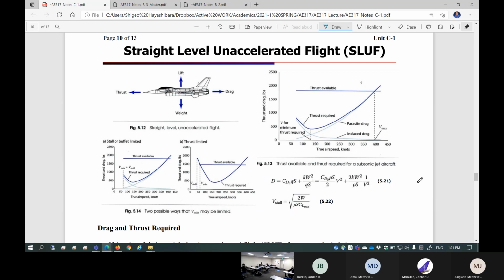We are going to pick up lots of things out of this thrust required, thrust available plot. We are going to predict the range and endurance, sink rate and climb rate, and other things. Let's just stop here at page 10.